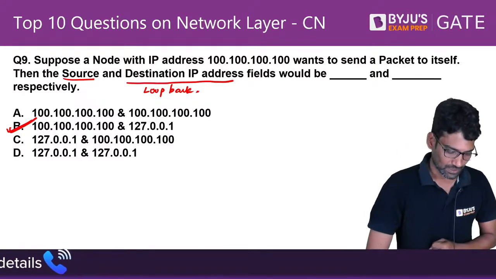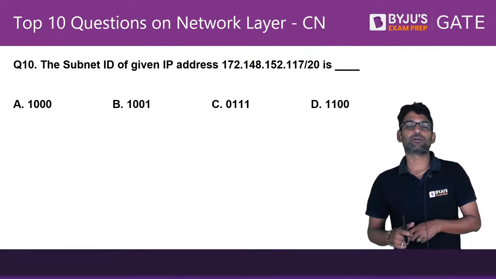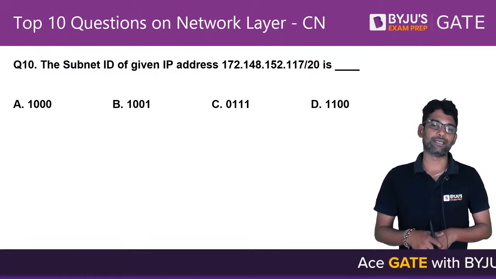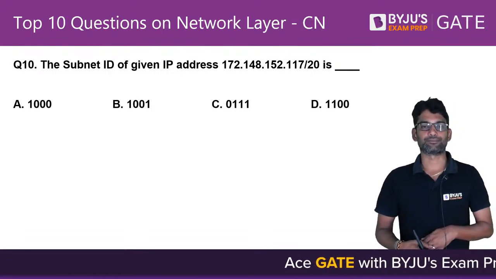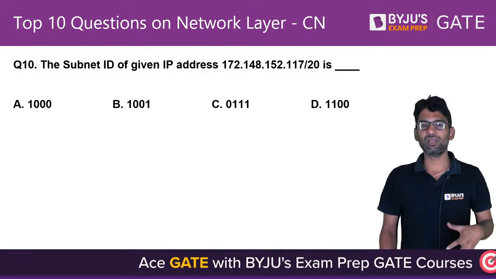Okay. Last question. The subnet ID of given IP address so and so is dash, in binary. Okay.